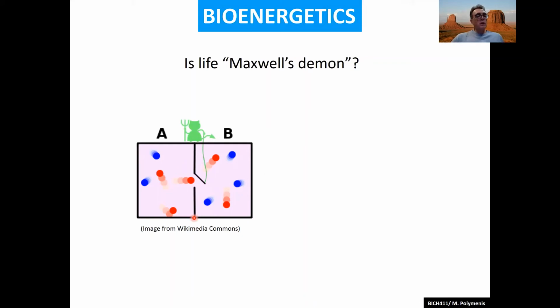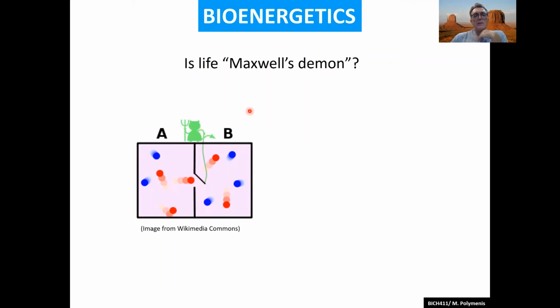You have two compounds, a blue and a red one, and you have two compartments, A and B, and you start out, and the two compartments can communicate freely. So red stuff can go either way, and blue stuff the same thing. So they are distributed equally in these two compartments when the door is open. But you have the little demon here, this green thing, and there is a door at the opening.